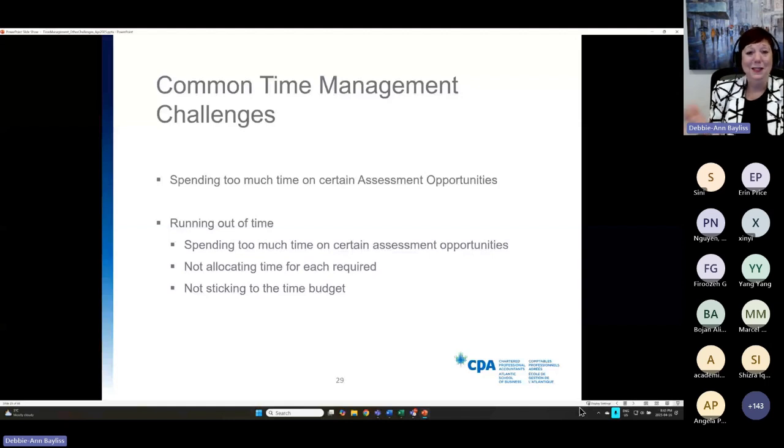They don't stick to the time budget. All of these are critical behaviors that you must abide by. Because remember, in order to pass, the goal is to complete all of the assessment opportunities within the time frame that you're given.